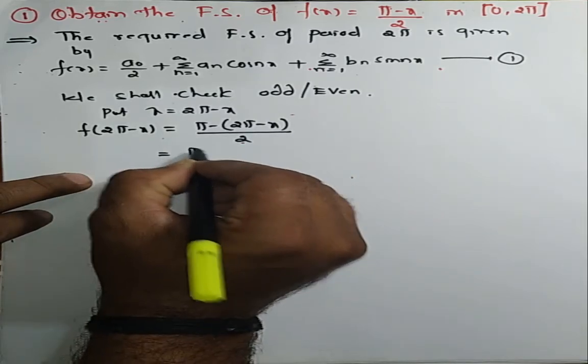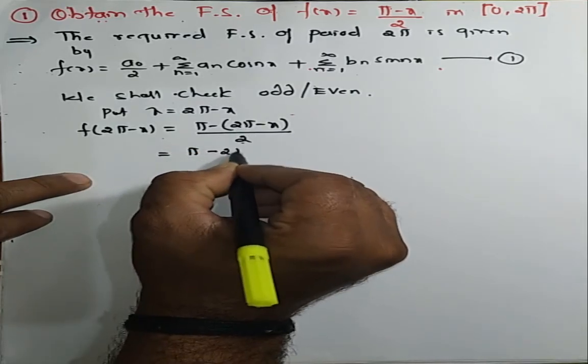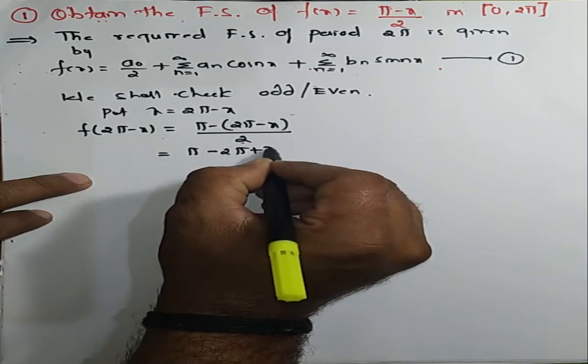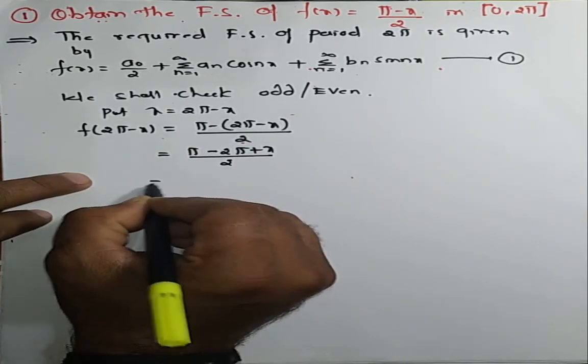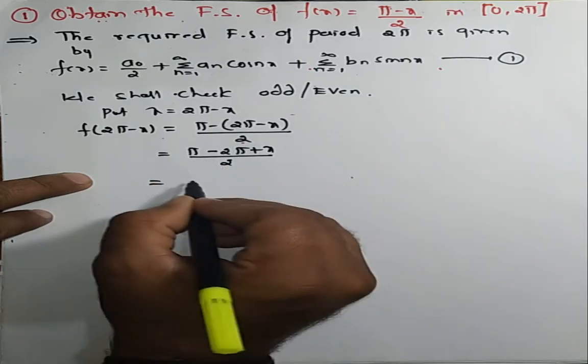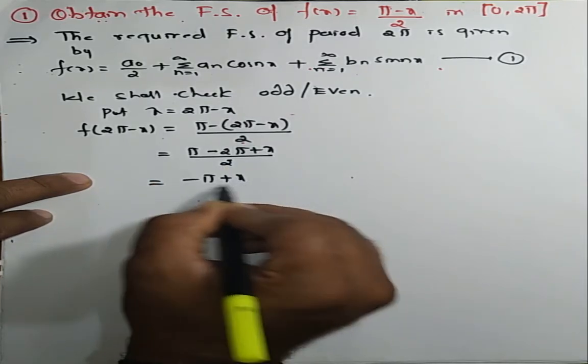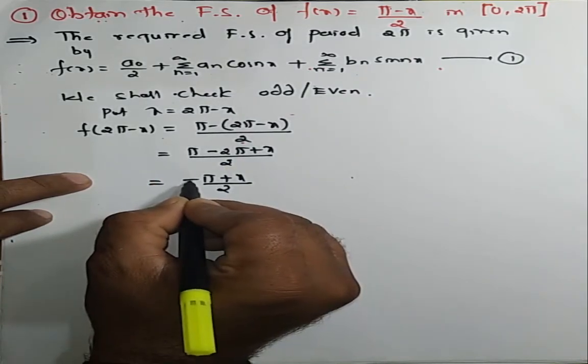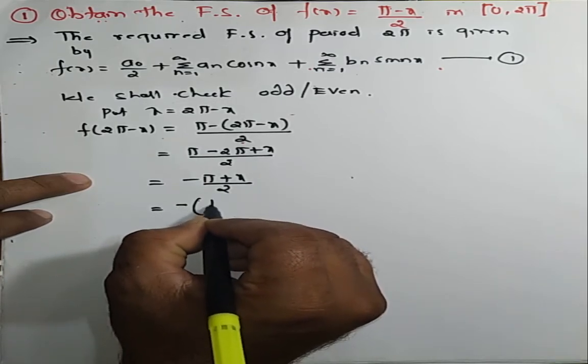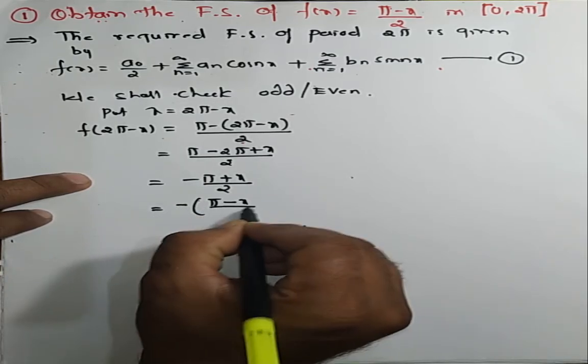Now see here, pi minus 2 pi is minus pi, plus x, divided by 2. Shall I take a common minus? If I take minus common, it is pi minus x divided by 2.